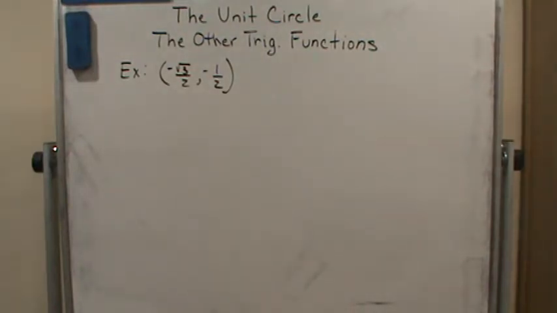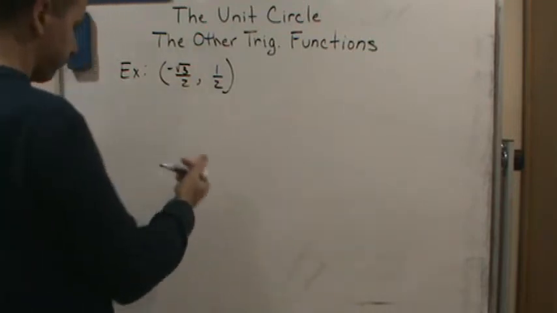Okay, so that's the point on the unit circle. Oops, sorry, that's not negative. And it says, find sine t, cosine t, tangent, cosecant, and cotangent. So basically find all 6 of the functions.